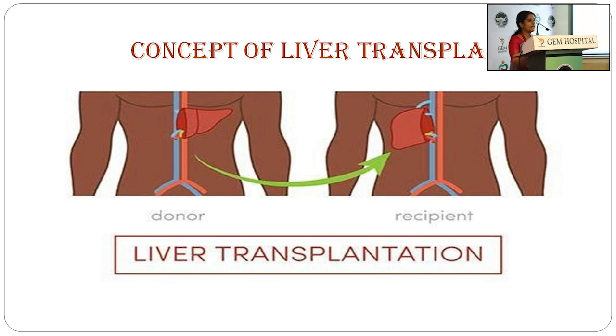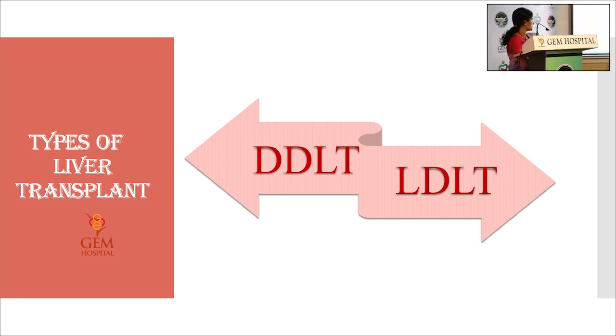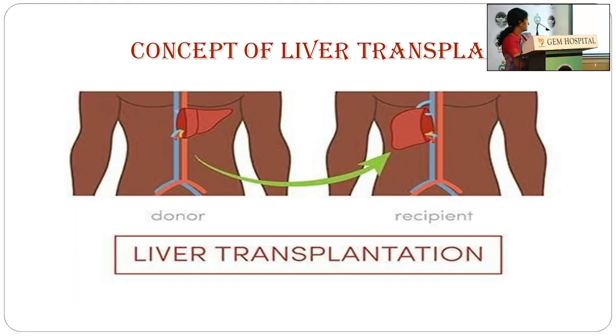Regarding the concept of liver transplant, one is a donor and another is a recipient. From a healthy donor, a part of the liver, most probably the right liver, which is the big lobe, will be transplanted to a patient who is a recipient.